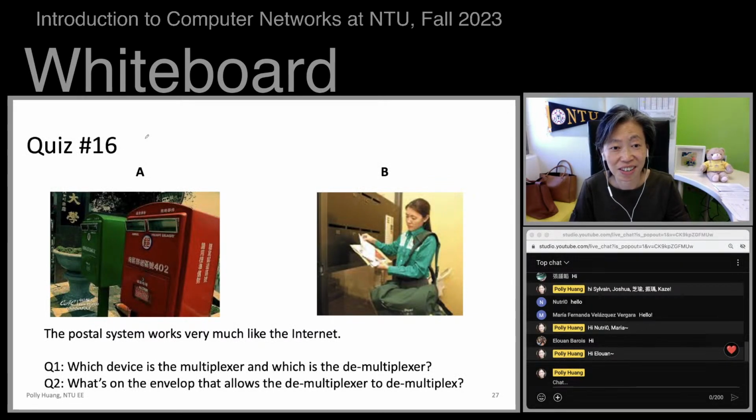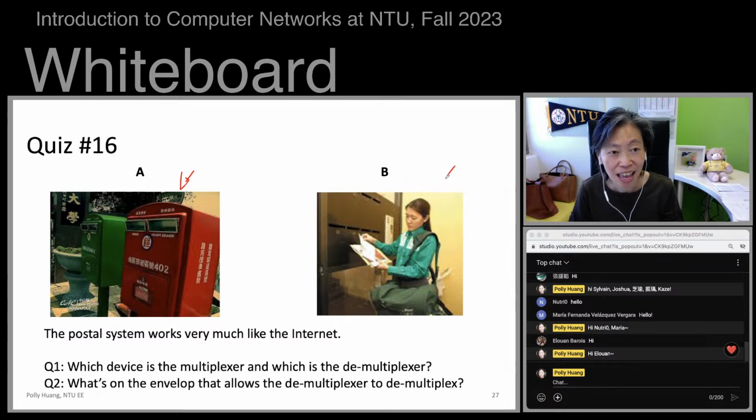Okay, so you heard from the video: the sender side is typically the multiplexer. The receiver side needs to split the messages into different processes, the demultiplexer. All right, so let's use an analogy and see if you can identify the multiplexer and demultiplexer in this example. The picture on the left shows the outgoing mailboxes of Taiwan's postal system.